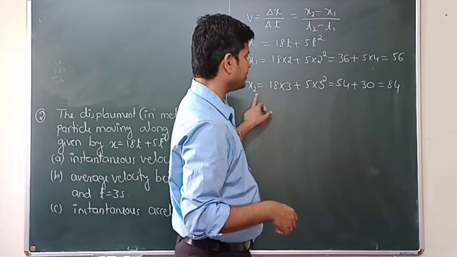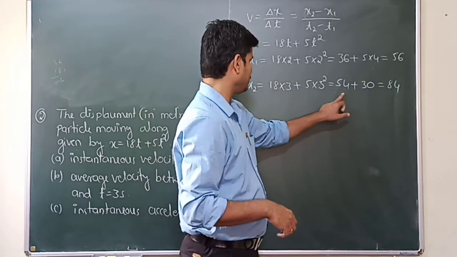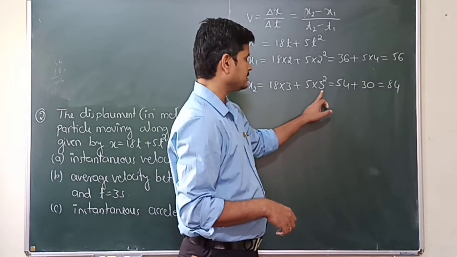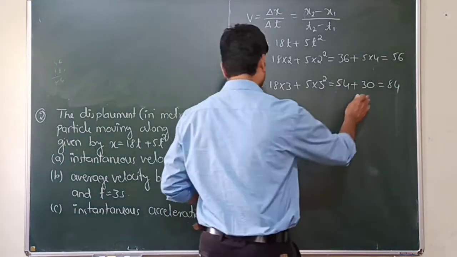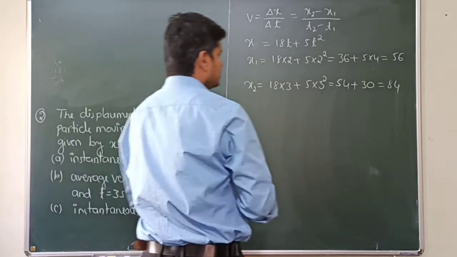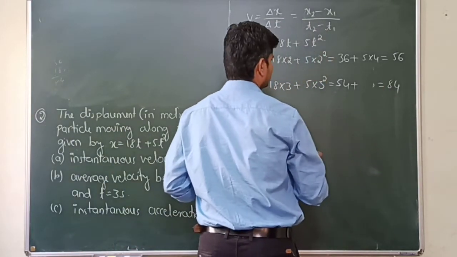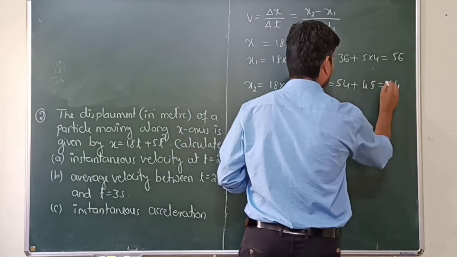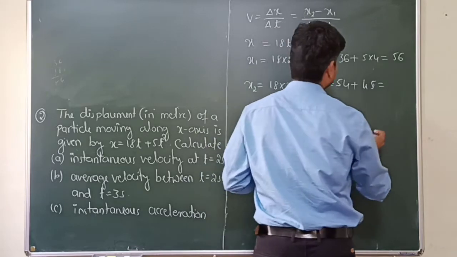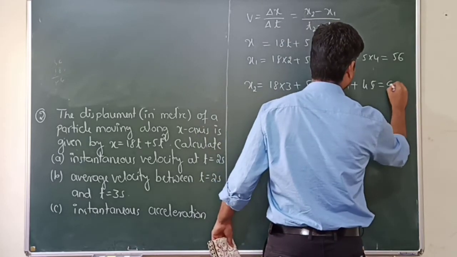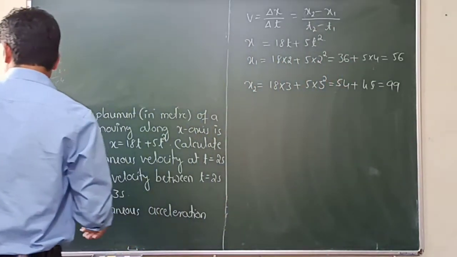The value of x2 is 84. 18 into 3 is 54, plus 3 square is 9. Okay, I'm sorry, this is 9, so 5 into 9 is 45, and the answer is how much? 99. Okay, right.